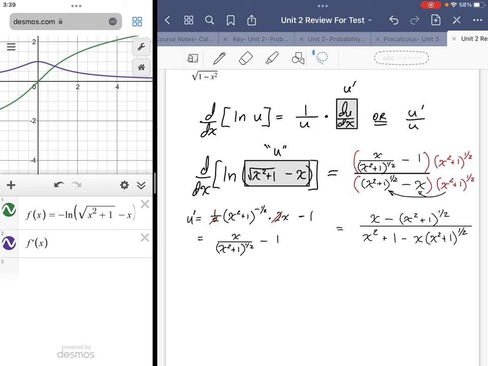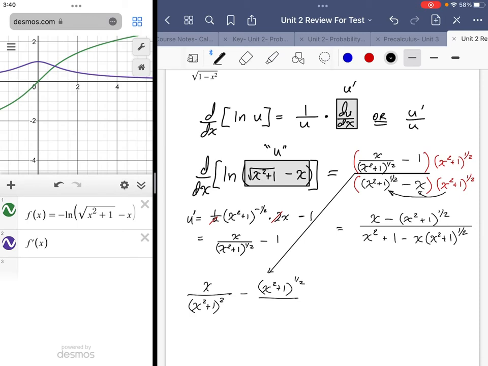then what we would have gotten is, and I'll just kind of shoot it off over here, x times, well, it's x over, because that already has the denominator, x squared plus 1 to the 1/2, minus x squared plus 1 to the 1/2 over x squared plus 1 to the 1/2.